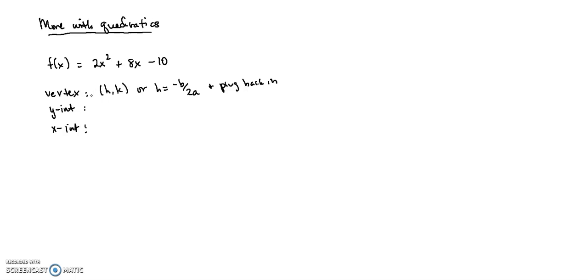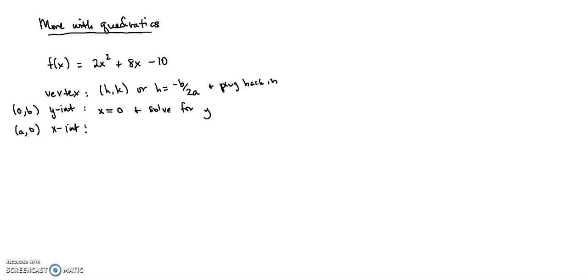Okay, remember that the y-intercept is always in the form (0, b), and the x-intercept is always in the form (a, 0), because they sit on the y-axis and the x-axis. So to find the y-intercept, we could always plug in x equals 0 and solve for y, or f of x.